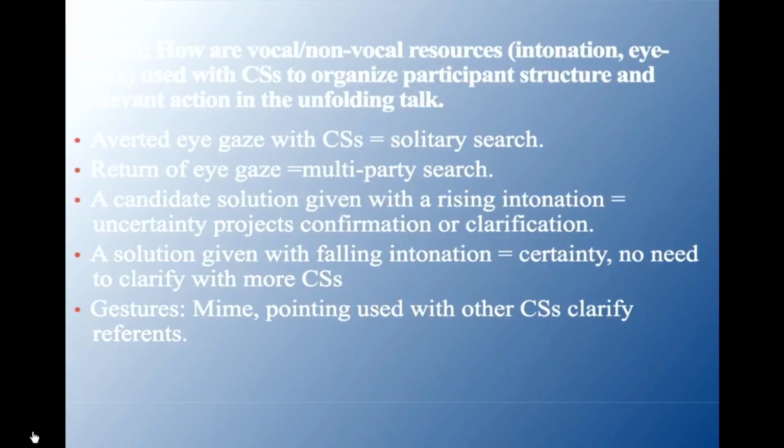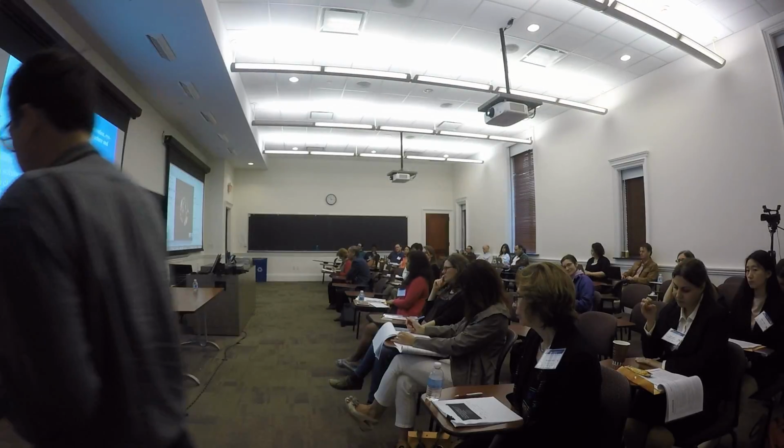And in line 8, when the host mother provides the target word batteries, her downward intonation indicates certainty that this is the correct word. And this is feedback for Jamie: she doesn't have to continue clarifying the target word with more communication strategies. So basically, intonation is used with solutions to offer feedback to the learner as to the level of certainty of the solution, and it projects the next relevant action of either clarifying, confirming, or that it's the end of the word search.